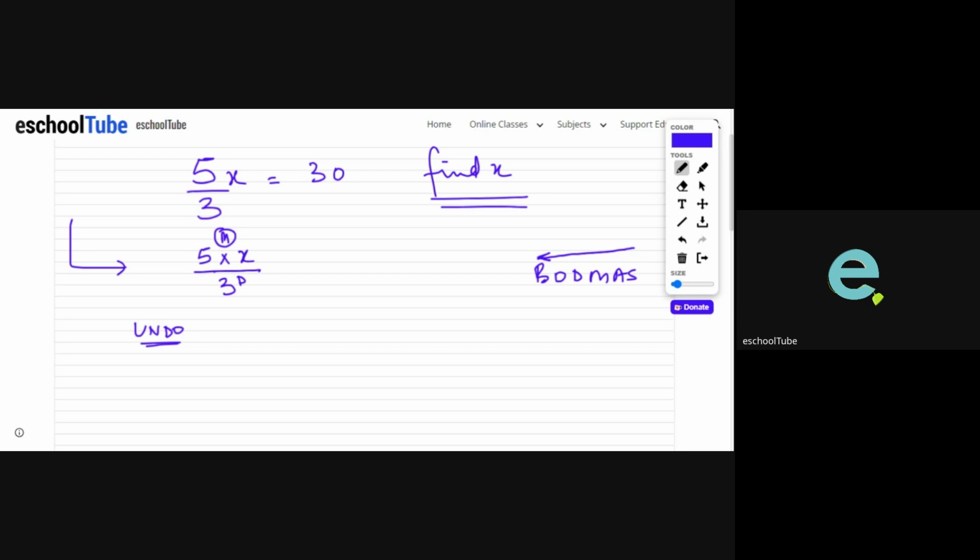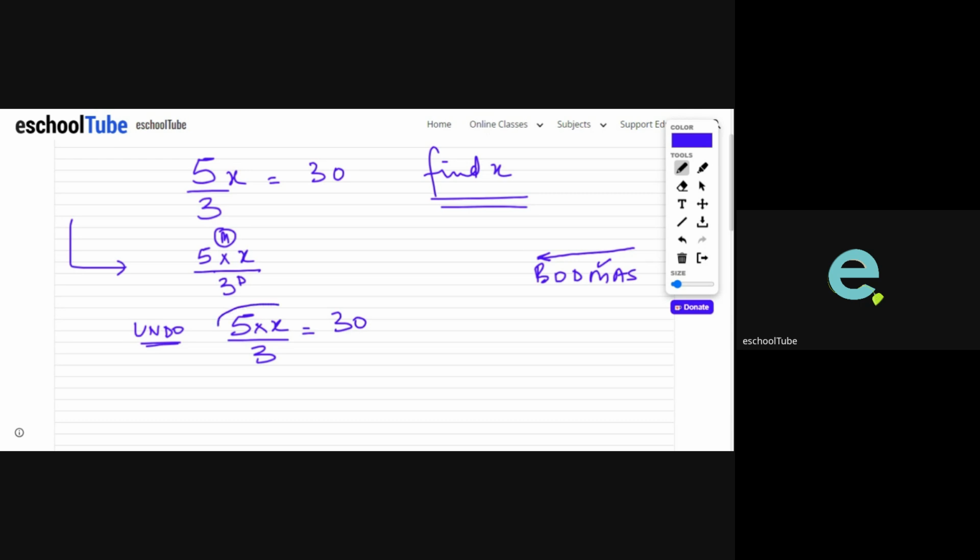So here, look, where is multiplication? Sir, 5 multiplied by x. So you can write 5 multiplied by x divided by 3 is equal to 30.